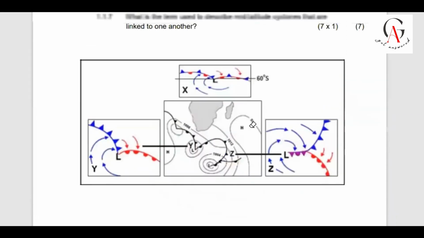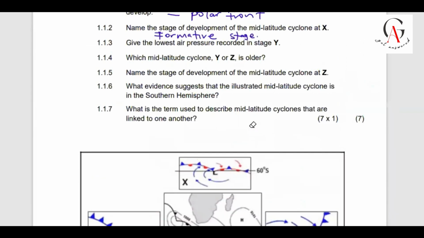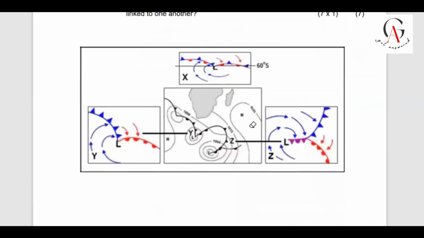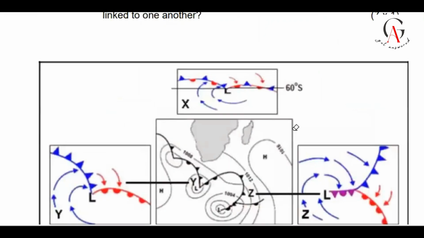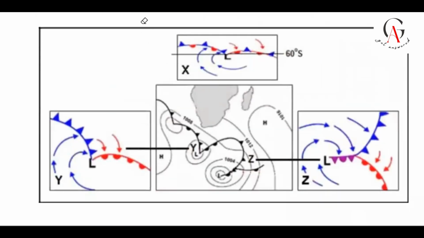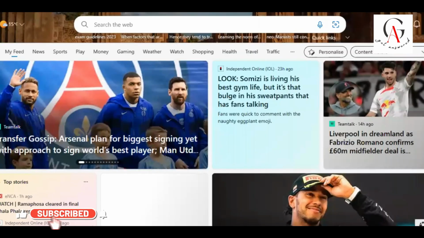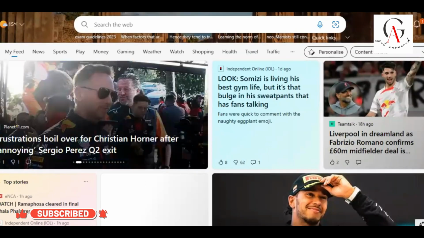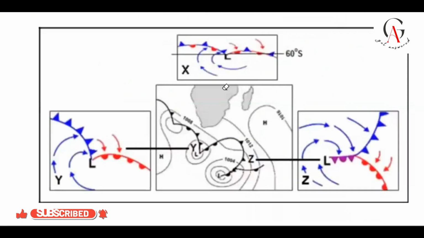The question says, give the lowest air pressure recorded in stage Y. This is our stage Y here.